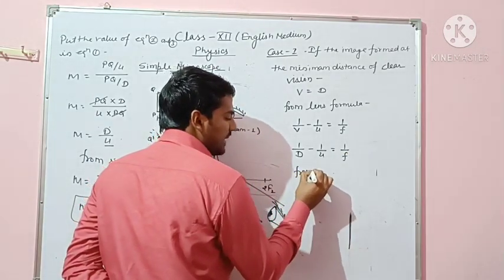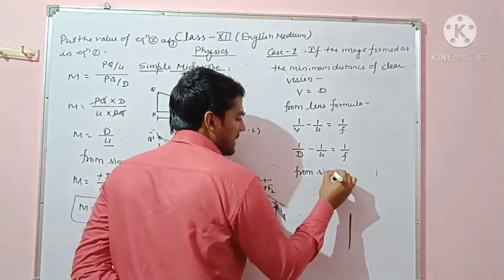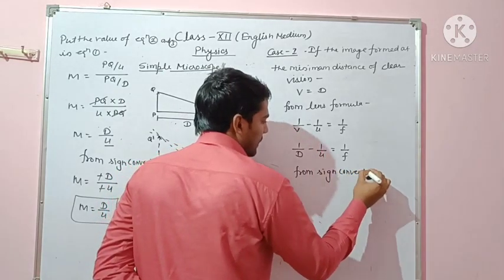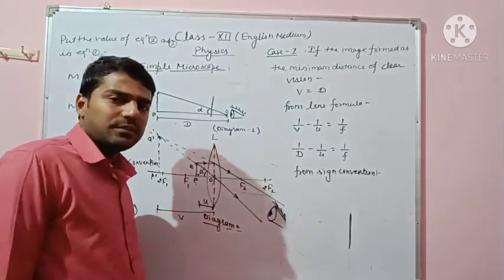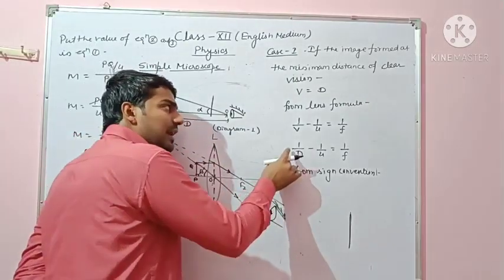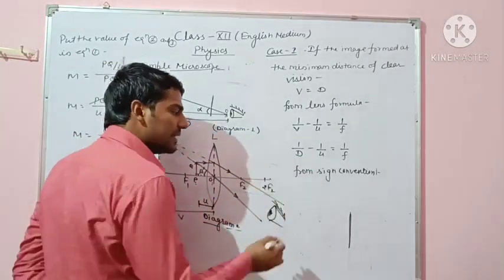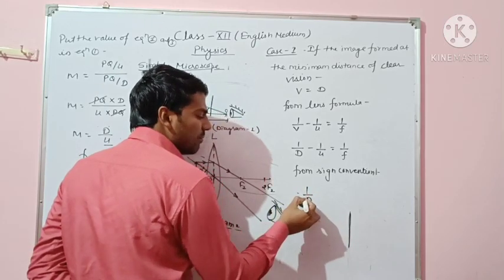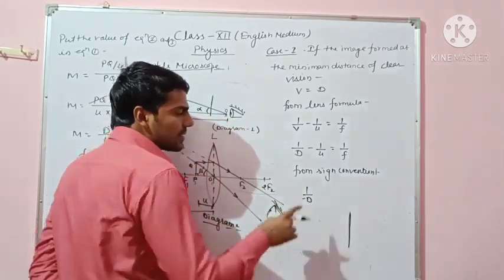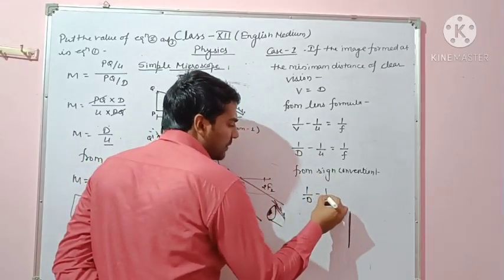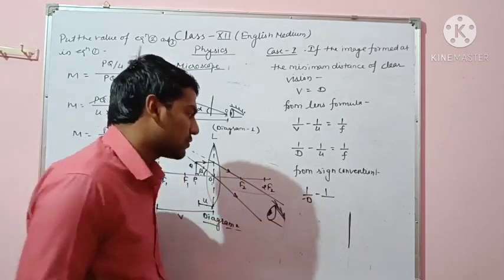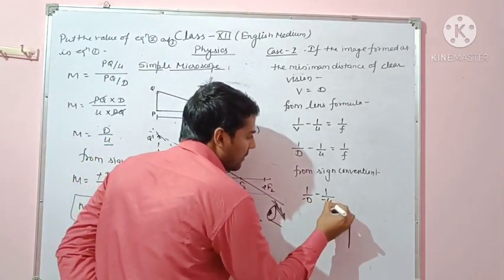We apply sign convention. From sign convention, the minimum distance of clear vision is negative, so 1 upon d becomes minus. The object distance is always negative, so this is also negative.